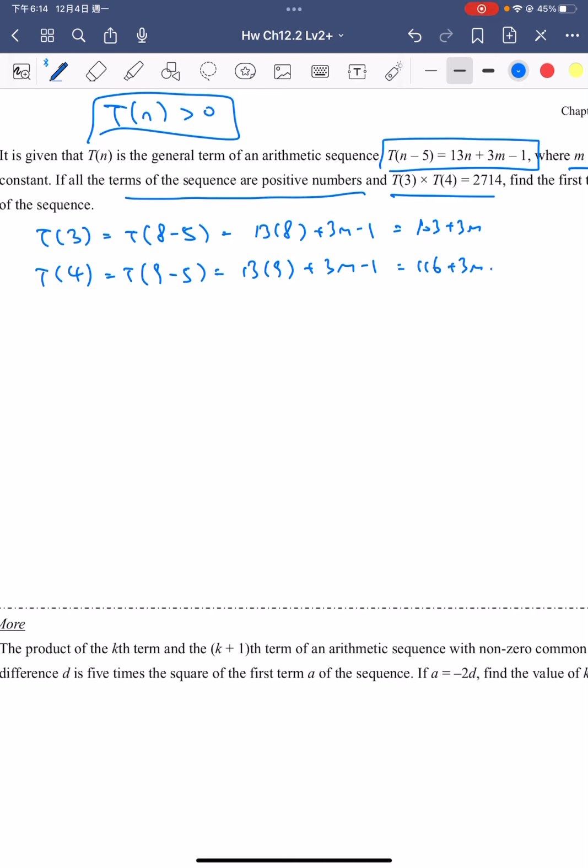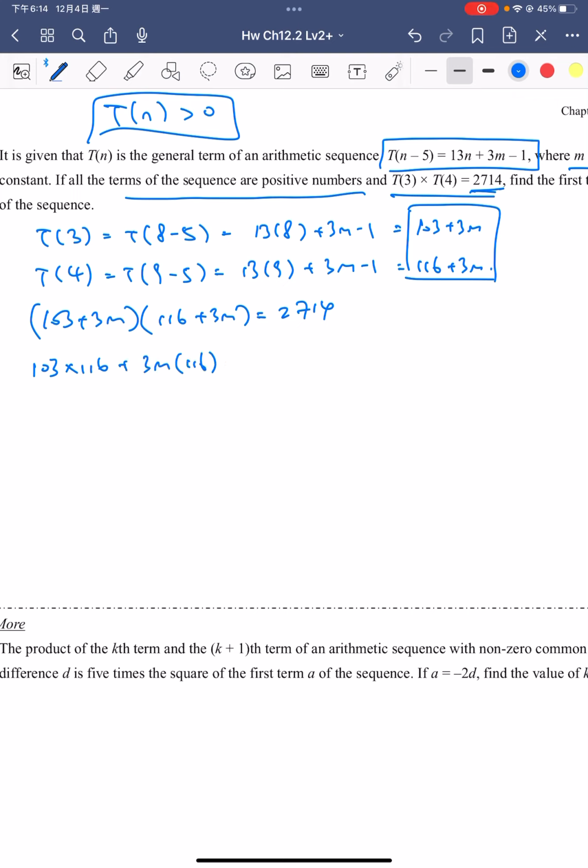Okay, so now we can say these two things multiplied together give 2714, isn't it? So now we can say 103 plus 3m times 116 plus 3m is equal to 2714. So we just expand the bracket, so we have 103 times 116 plus 3m times 116 plus 3m times 103 plus 9m squared, and then minus 2714 is equal to 0.